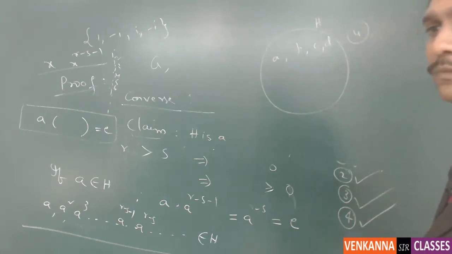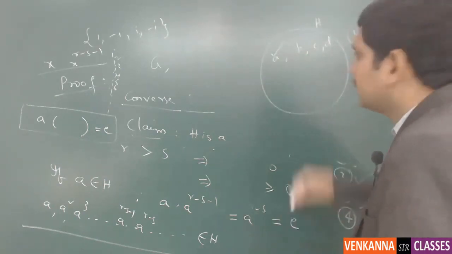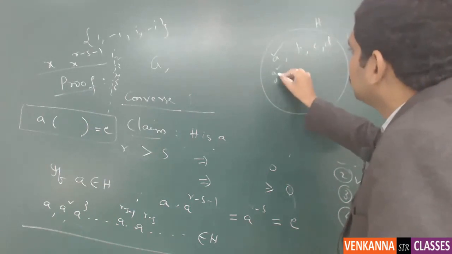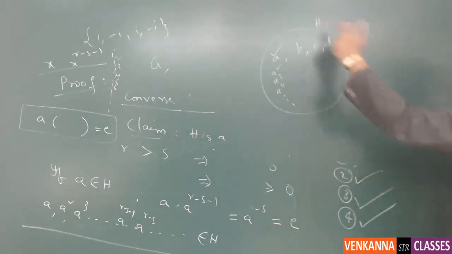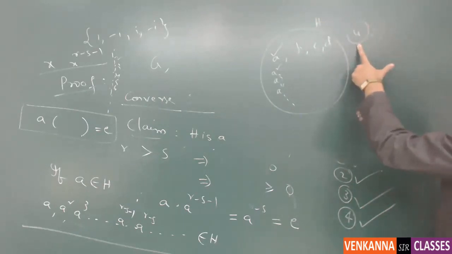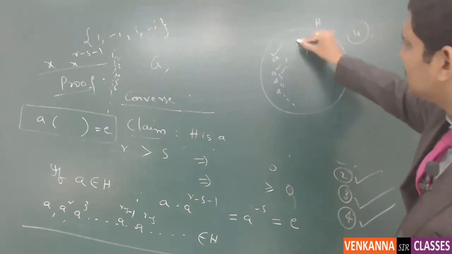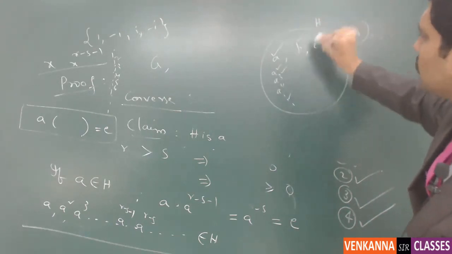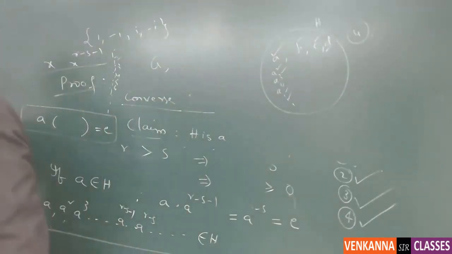What happens if you fix one element and keep on raising its powers? All these values belong to H because H has 4 elements only. So among these values, one element is equal to B, one element is equal to C, one element is equal to D. Did you get it?